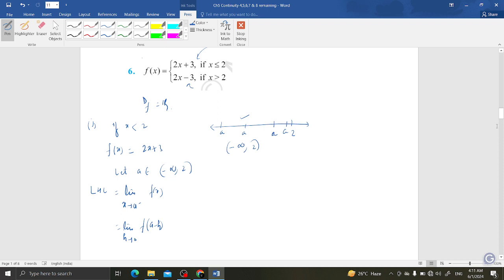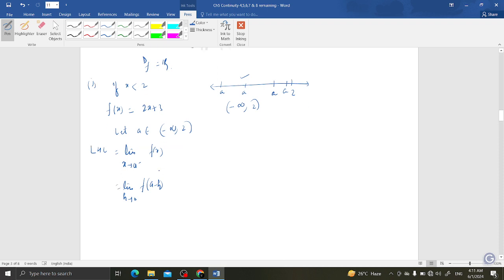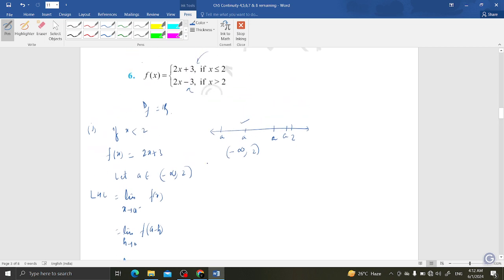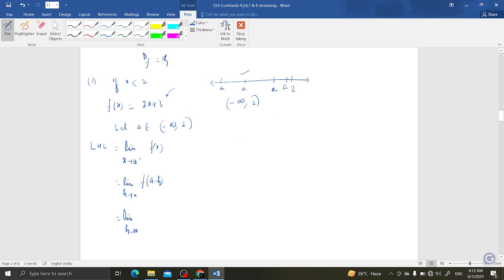We can find f of a minus h from this one, because it is left of the 2. So 2 times a minus h plus 3. If we apply the limit, we get 2a plus 3. This is your LHL, equation number 1.